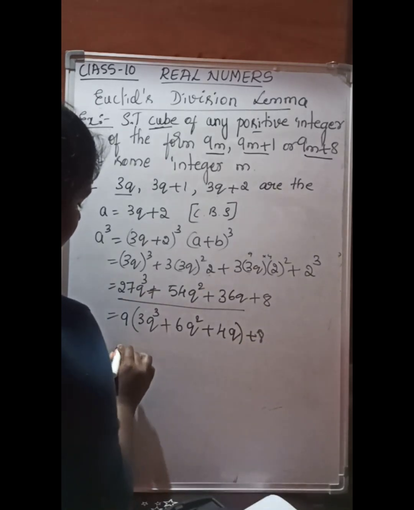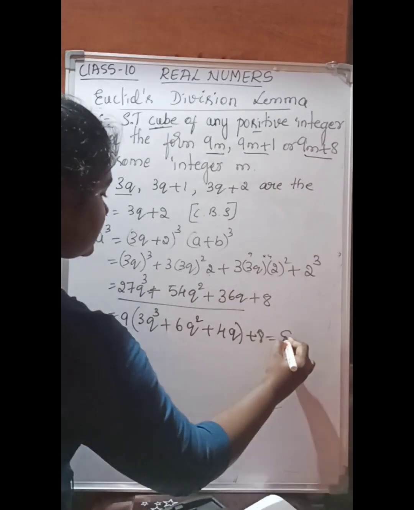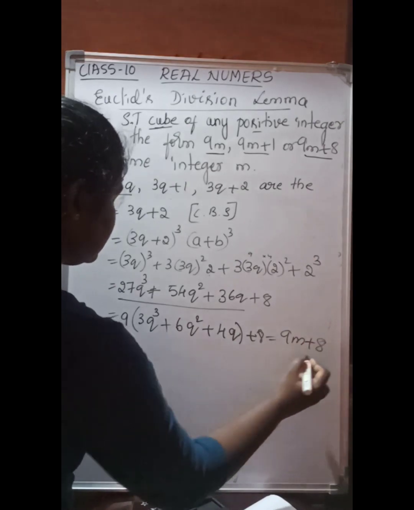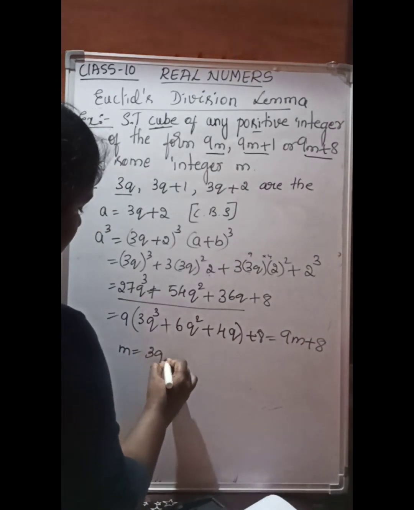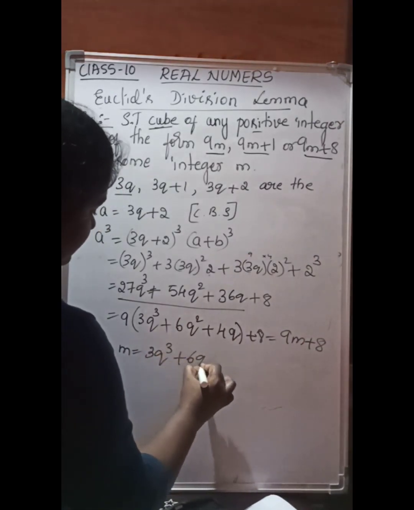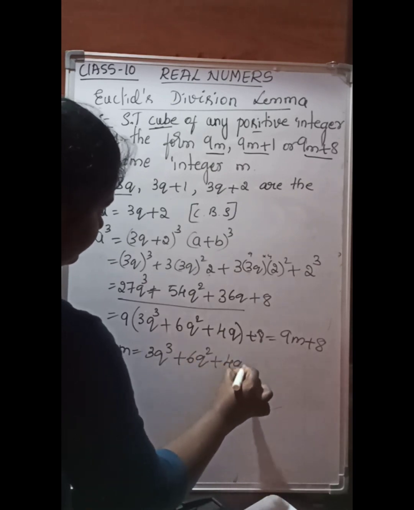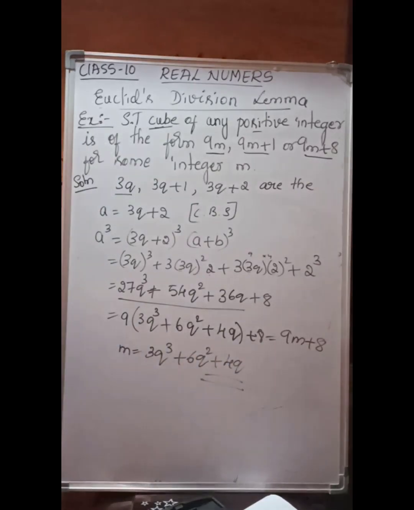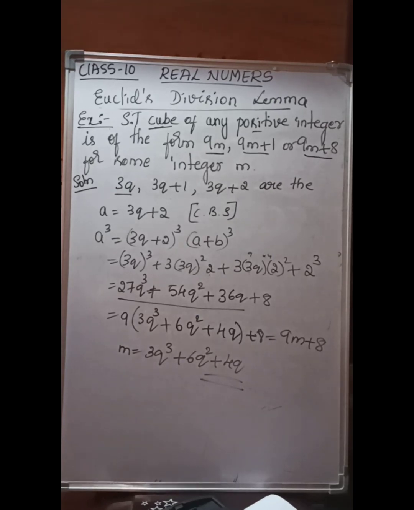See, this also exists in the form of 9m plus 8, where m equals 3q cube plus 6q square plus 4q. I hope you understood this problem. We'll see a few more problems in the exercise.